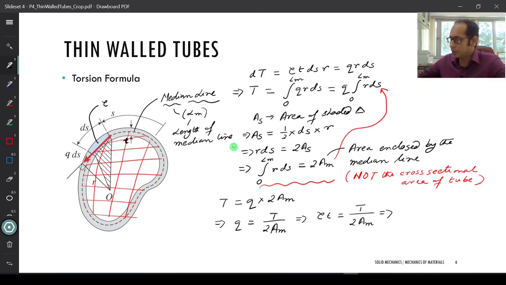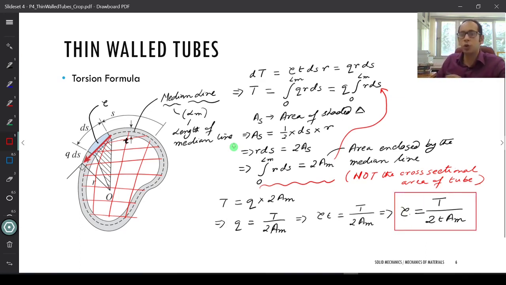And this can be further written as my tau, the shear stress that I have, equals the applied torque T divided by twice the thickness times the area of the median line. So this is the torsion formula for the thin wall tubes, and remember this is hinged on the assumption that your thickness remains the same throughout.